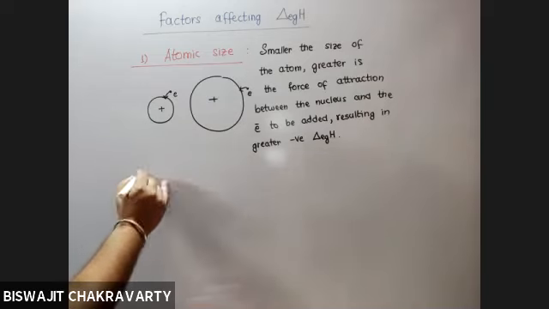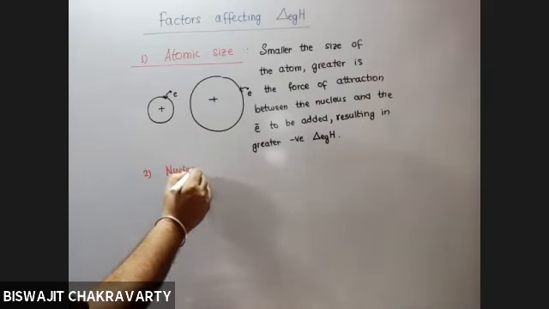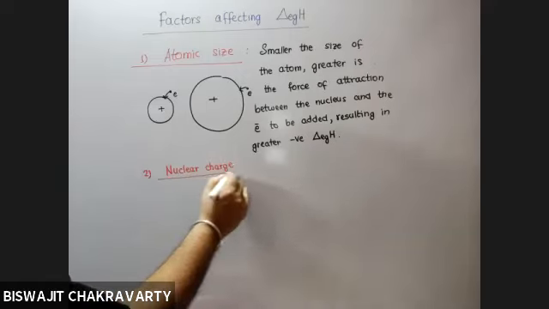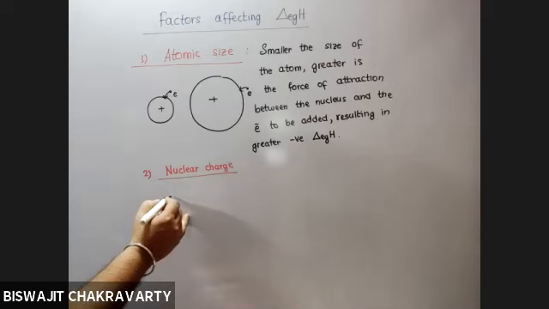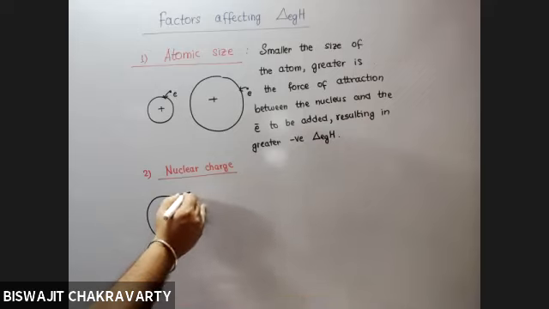Point number two is of course nuclear charge, which is also not very difficult to understand. Suppose we have two atoms of more or less similar size. One has 10 protons in it, let us say.